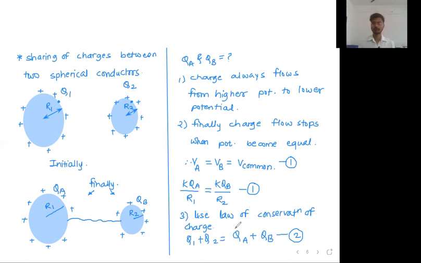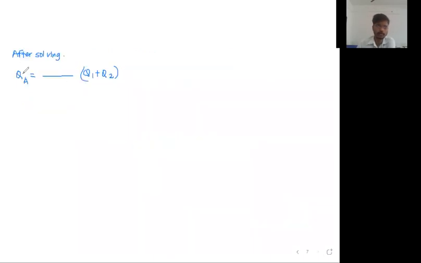Next. So after solving, the final charge on the first sphere is equal to some fraction of the total charge. Similarly, the charge on the second sphere is equal to some fraction of the total charge. Total charge is Q1 plus Q2, the total initial charge.